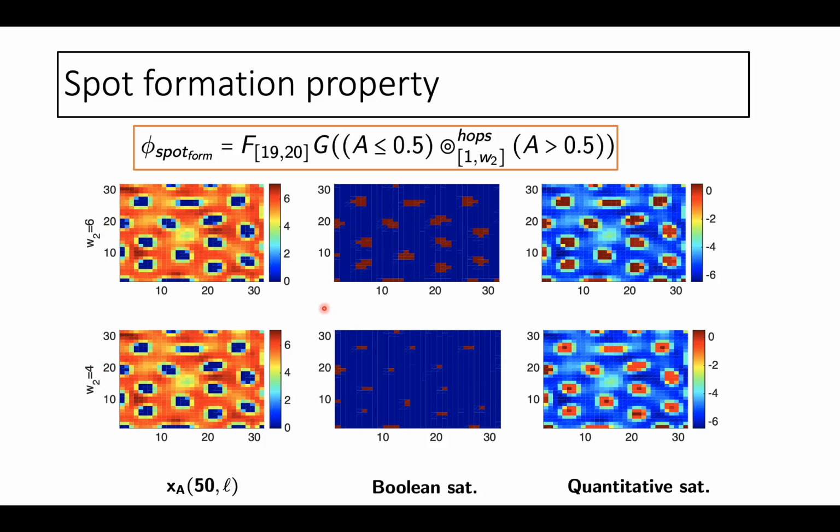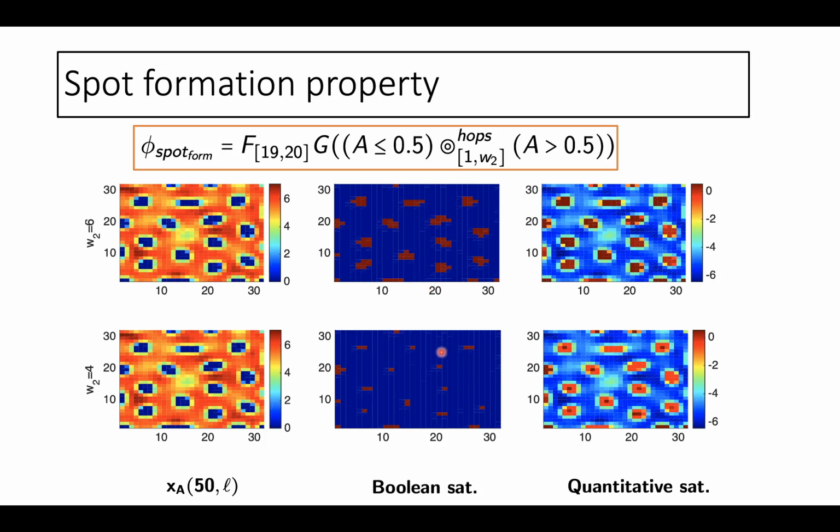So you can see in the Boolean satisfaction, the locations that satisfy the property are red, and the blue locations are the locations that do not satisfy the property. You can see that in the first line, almost all the locations that correspond exactly to the spot, so the blue part on the snapshot on the left, satisfy the property.